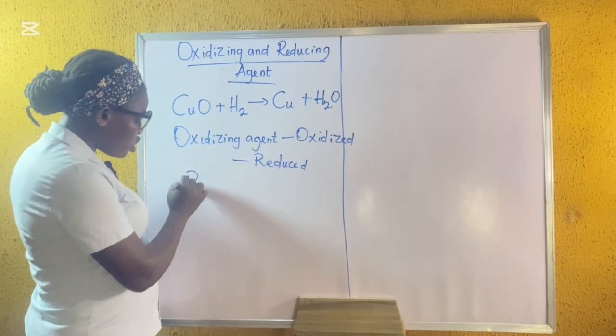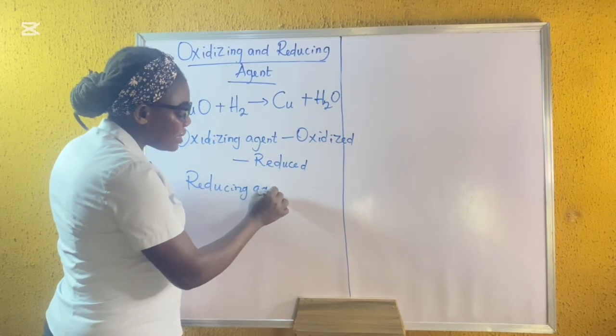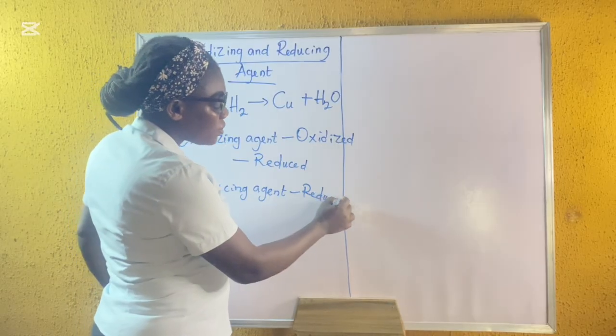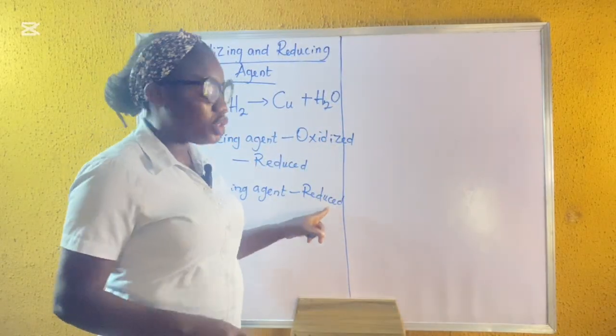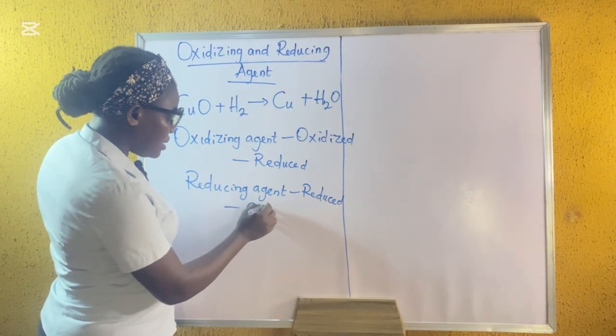While a reducing agent is an agent that causes another substance to be reduced. So that means that when it causes the reduction, itself is oxidized.